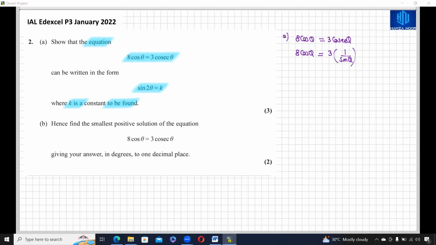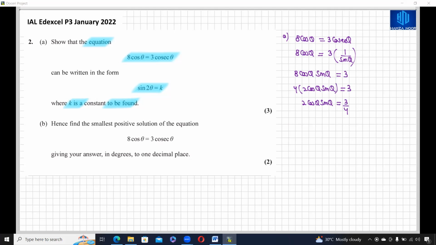Therefore, 8 cos theta multiplied by sine theta equals 3. If you take 4 as common, you are left with 2 cos theta multiplied by sine theta, and this whole thing equals 3 over 4.